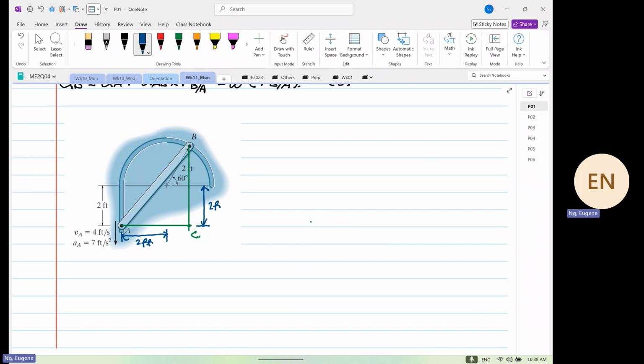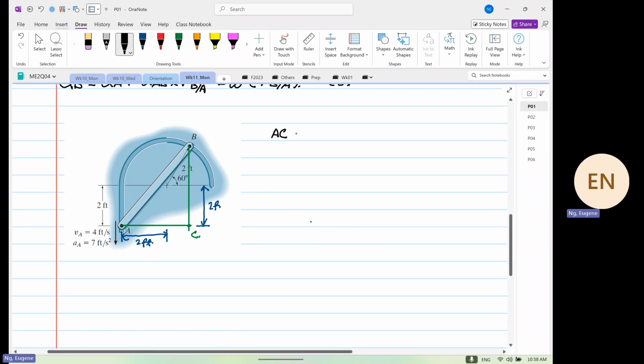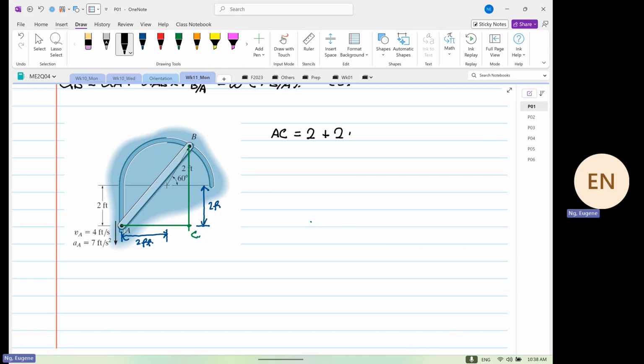Okay, so from here it's very obvious how to find AC. We can determine AC is equal to 2 plus 2 cos 60. So this is 2 plus 2 times cos 60, which is equal to 3 feet. So label them as 3i feet, okay, immediately.